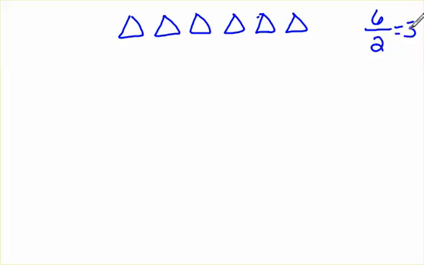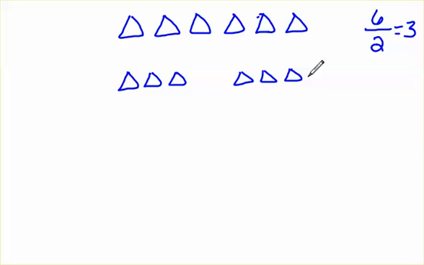True? So if I were to take these 6 things and divide them into 2 groups, I would have 1, 2, 3 here, and 1, 2, 3 here. So there would be 3 in each one of those groups. True?